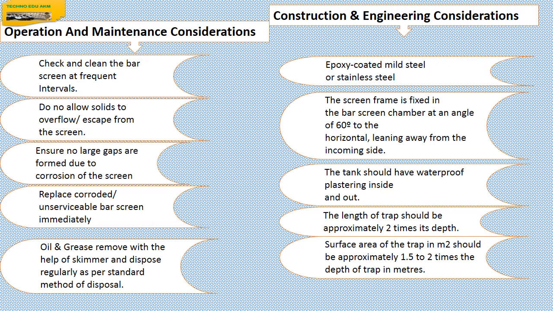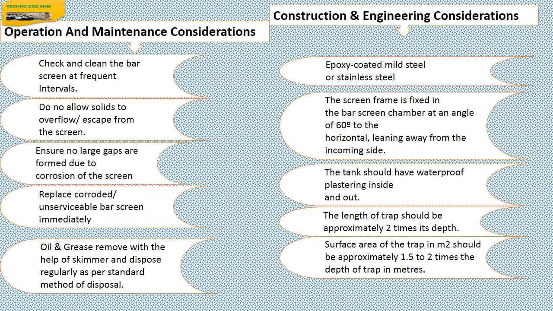Here, construction and engineering consideration. First, epoxy coated mild steel or stainless steel are normally used. The screen frame is fixed in the bar screen chamber at an angle of 60 degrees to the horizontal, leaning away from the incoming side.